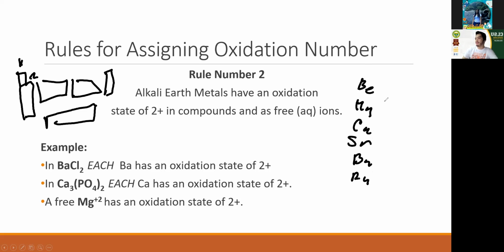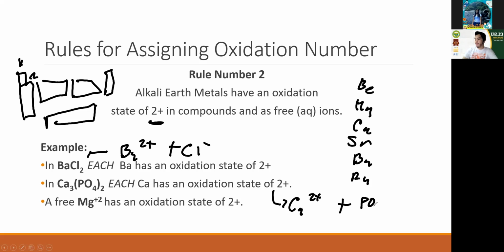All of them are 2 positive in charge. For barium chloride, you have barium 2+ plus Cl negative. For calcium phosphate, you have calcium 2+ plus phosphate ion. And of course, the magnesium ion is 2+.